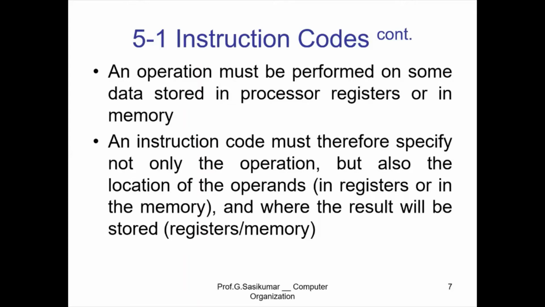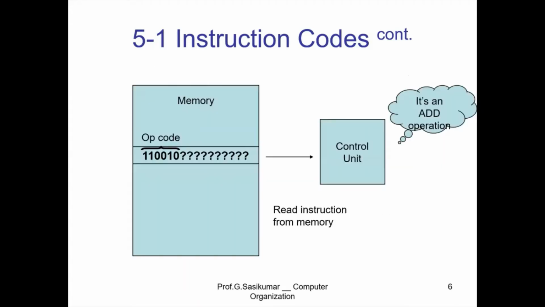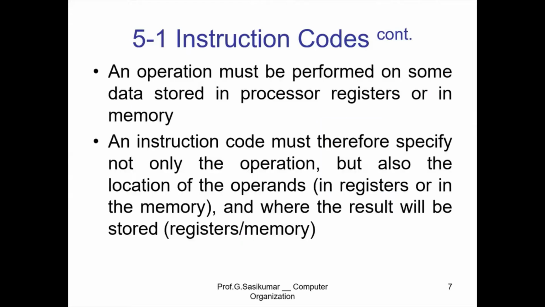Suppose you want to open a video file and watch it, immediately it will search in the memory. So where is it located? Each memory location has, as we discussed, an opcode. Say 110010, assume this is your video file. This can be searched easily by the control unit by giving the file name or by giving numbers to the files.